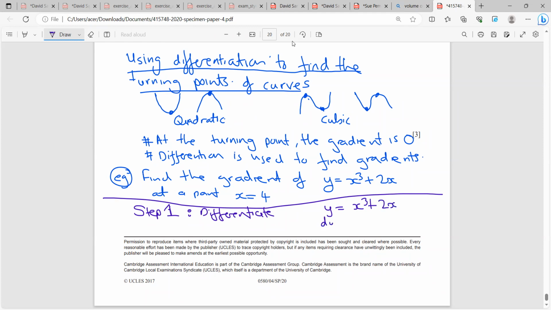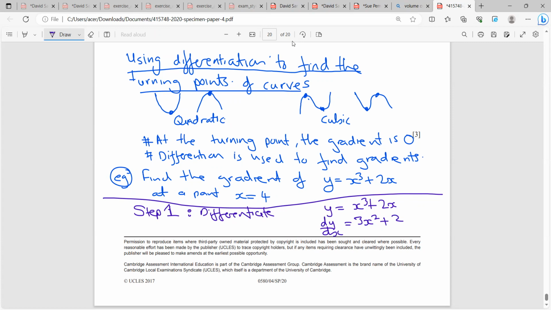If we differentiate that, dy dx, Melissa, what will be the answer? 3x to the power 2 plus 2. Excellent work. So that's the first step.